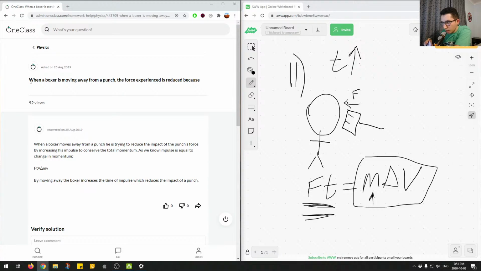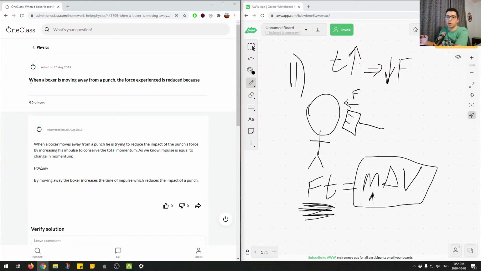Knowing that the time has increased, the only way to keep this side of the equation constant is for force to decrease. So force needs to decrease for us to obey the law of conservation of momentum. This describes why the force experienced by the boxer is reduced.